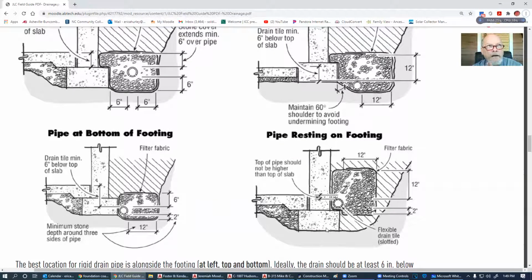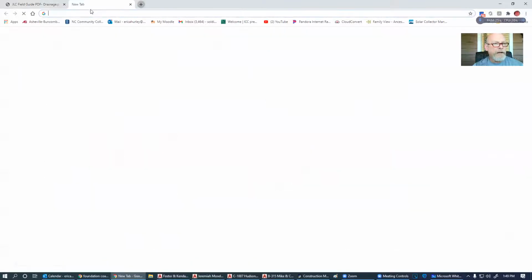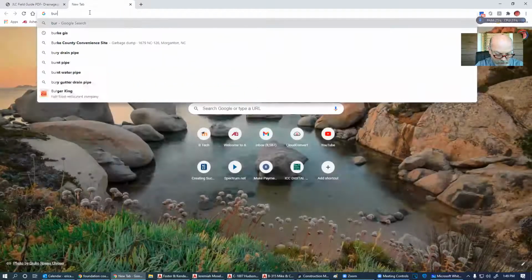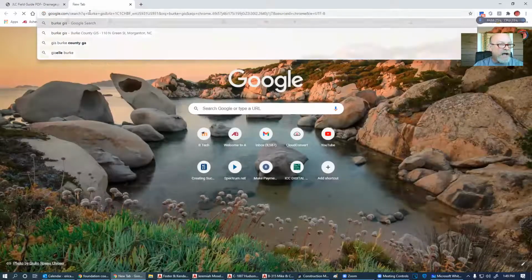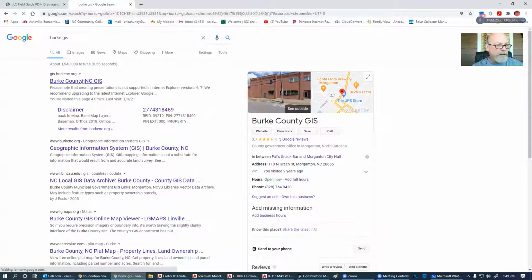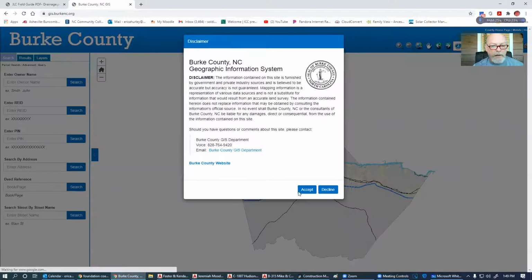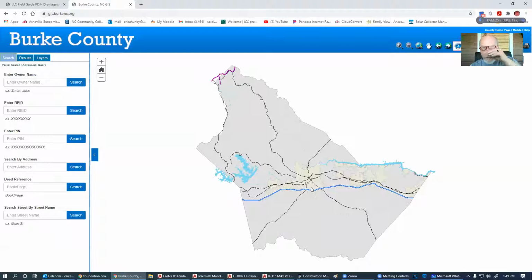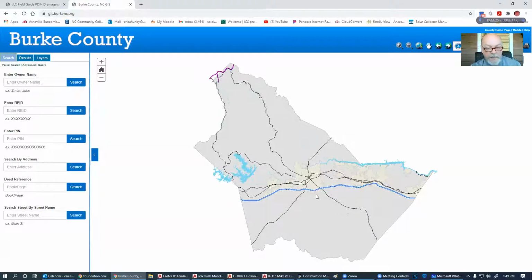I agree with you that a lot of the houses, for one, technically you're not supposed to build a house in a flood zone. So where are the flood zones? You can actually pull up maps. Let me go to the Burke County GIS. If you've never been on a GIS map, I'm just going to Burke County because this is the one that I use most of the time.